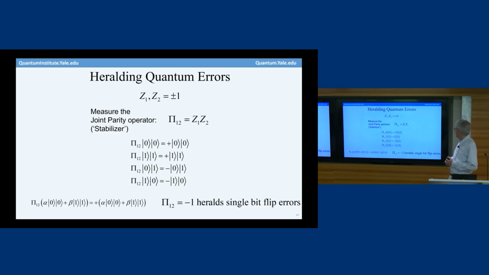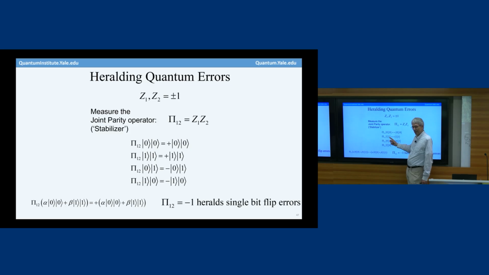So I need to measure what's called the joint parity operator of these two qubits. Z for the first qubit times Z for the second qubit. For state 0, 0, this will give +1, that'll give +1, so I get +1 times the same state.